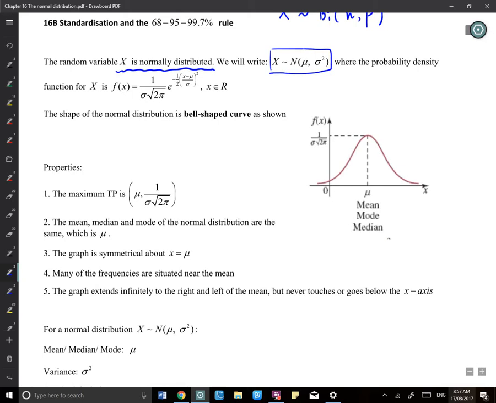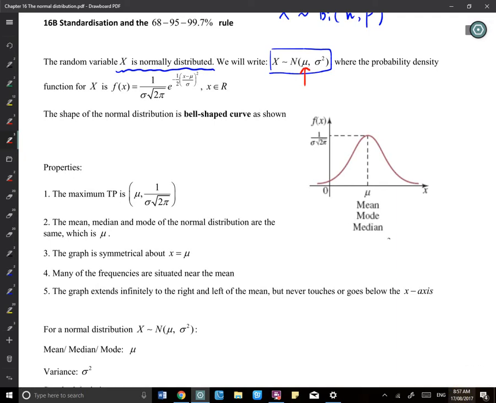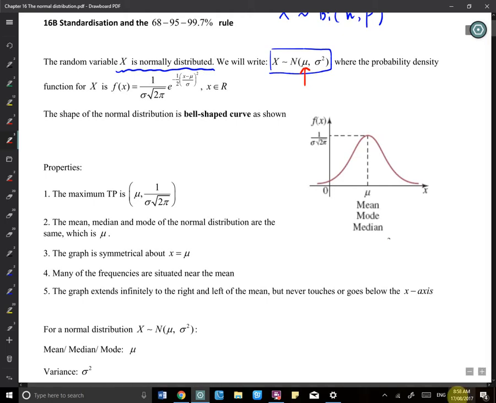So x is normally distributed by two parameters as well. But what are those two parameters? It's very interesting. Mu. What is mu? Expected value. Okay, so distributed by mu and standard deviation squared. That is just the variance.